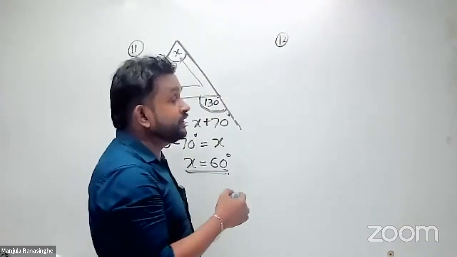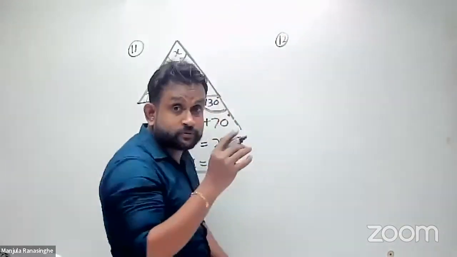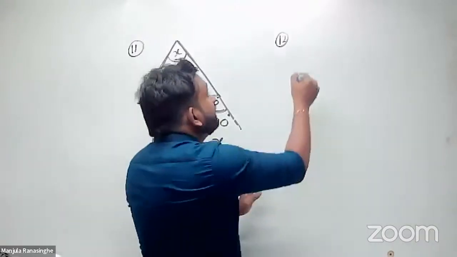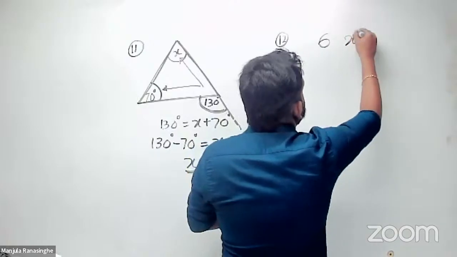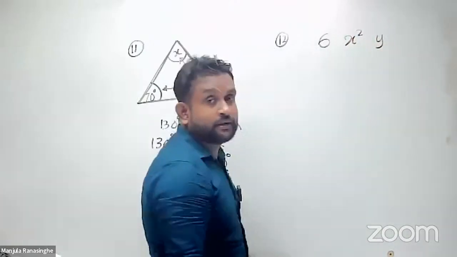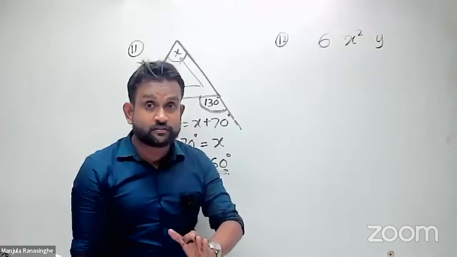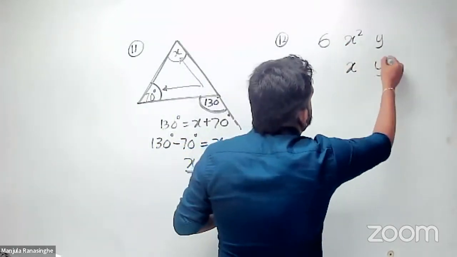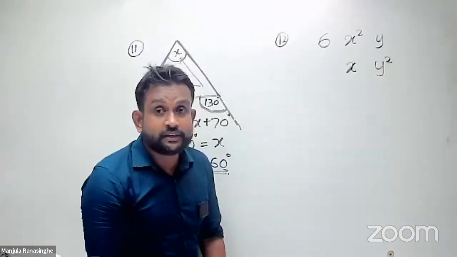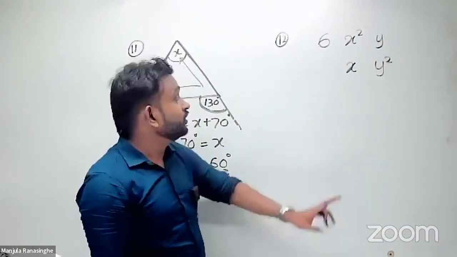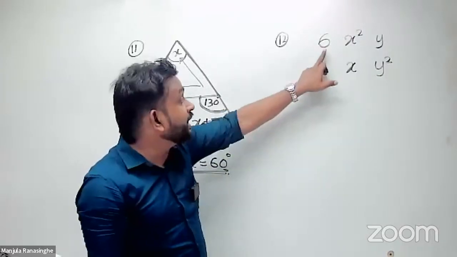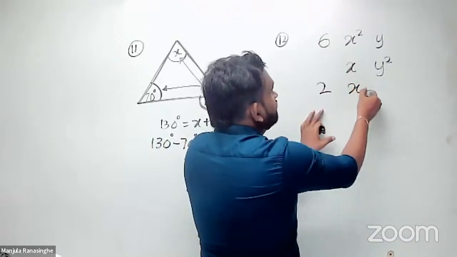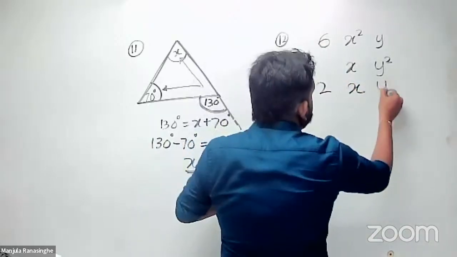6x squared y and x y squared and 2xy. Let me show the short method. I separate the terms: 6, then x squared, then y. Then x y squared, so x and y squared. Then 2xy. Under the numeric part I write the numerics 6, 2; under x I write the x terms, and under y I write the y terms.